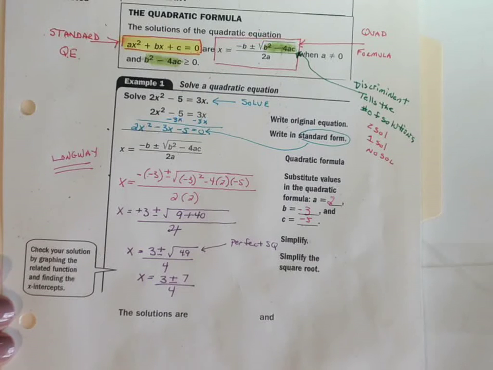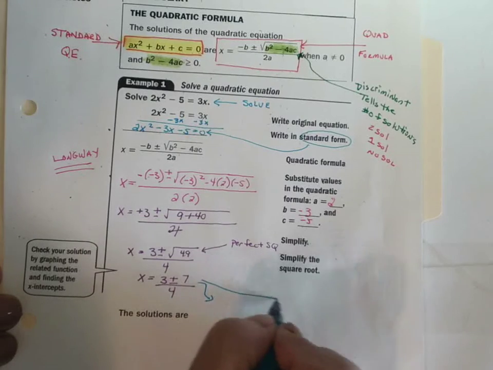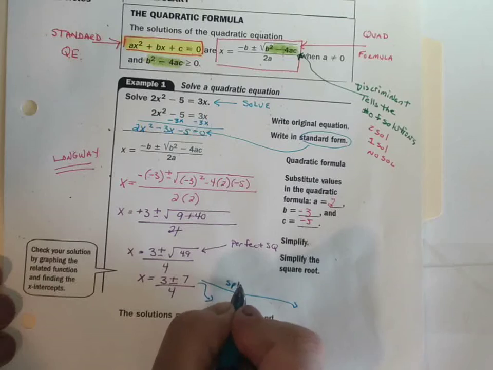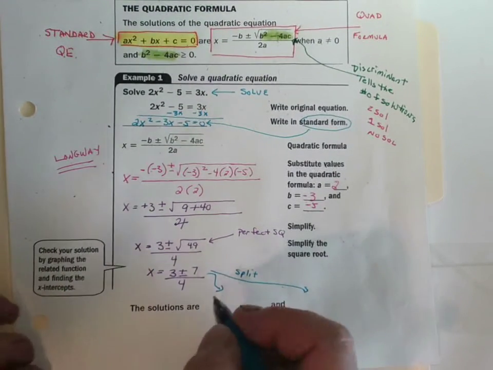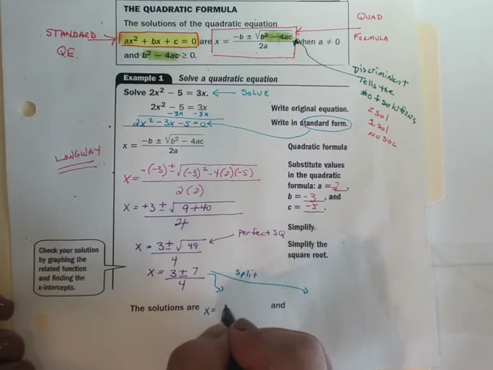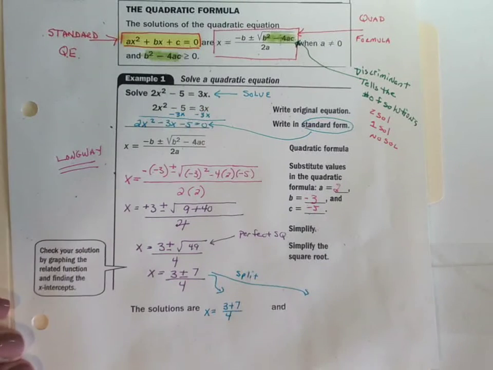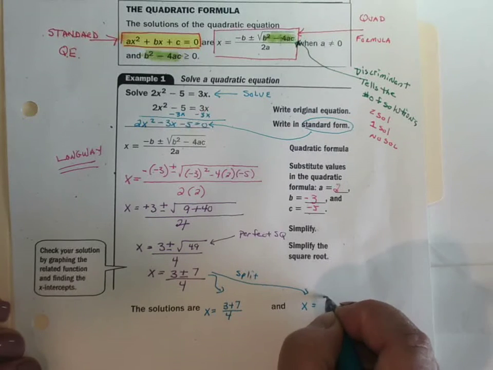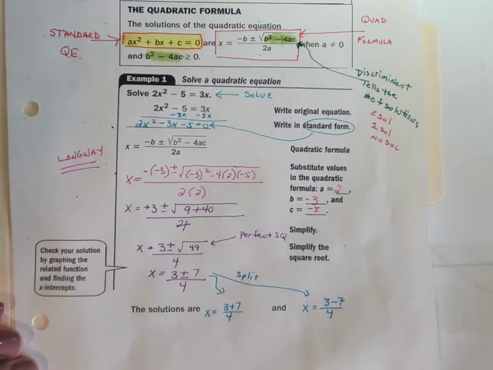And now we're going to split, because we have this plus or minus. So we're going to have x equals 3 plus 7 divided by 4. And we're going to have x equals 3 minus 7 divided by 4.